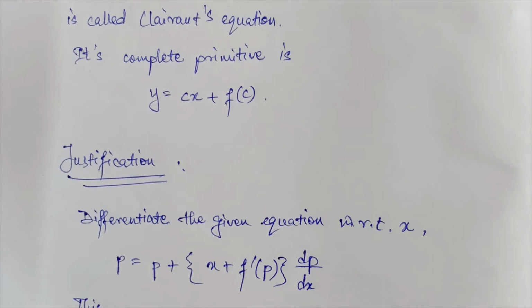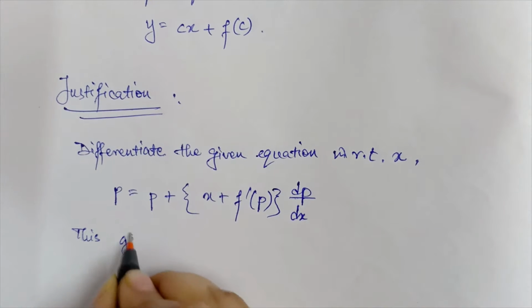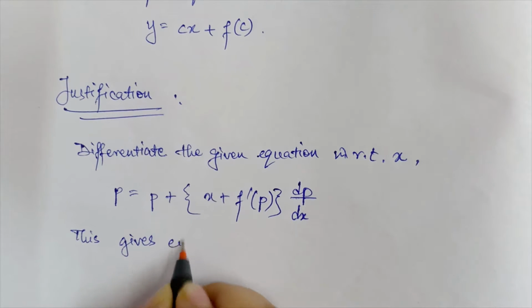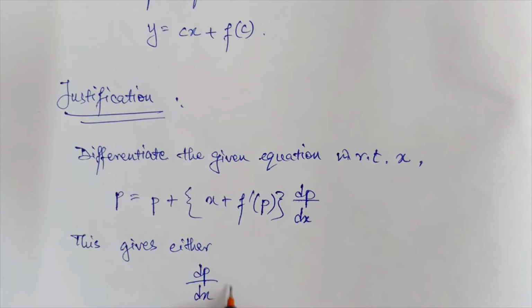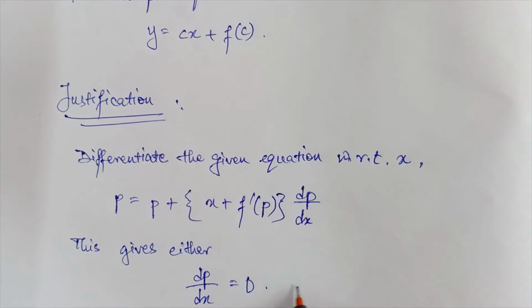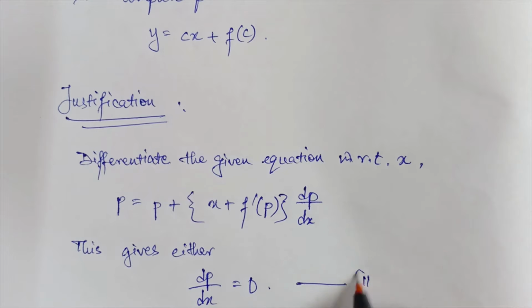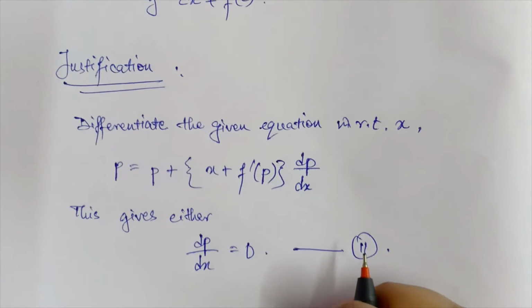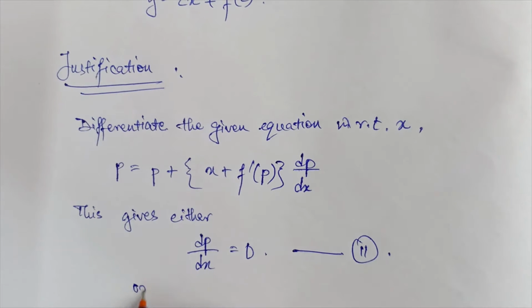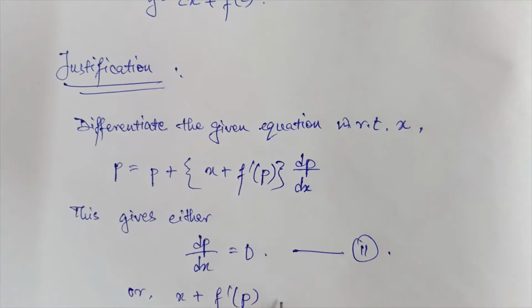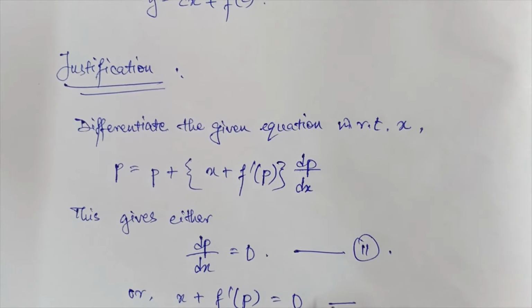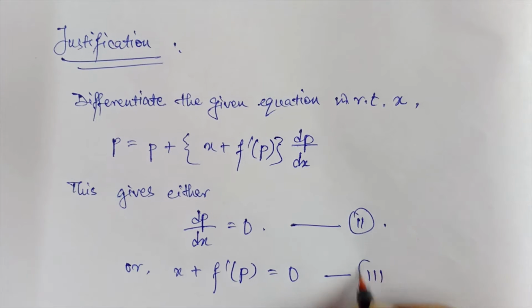This gives us either dp by dx equals 0, which we name as equation number 2, or x plus f dash p equals 0, which we name as equation number 3.